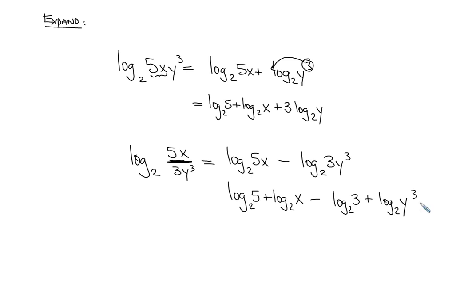And here's why. Notice, guys, that this entire thing had a negative attached to the front of it. But notice when we broke it apart, the whole thing doesn't have the negative attached to it, only this first logarithm does. So what must we have here? Parentheses.